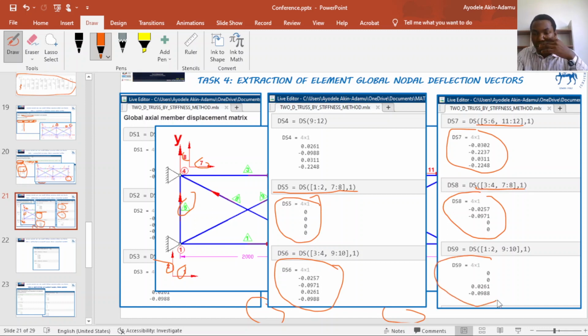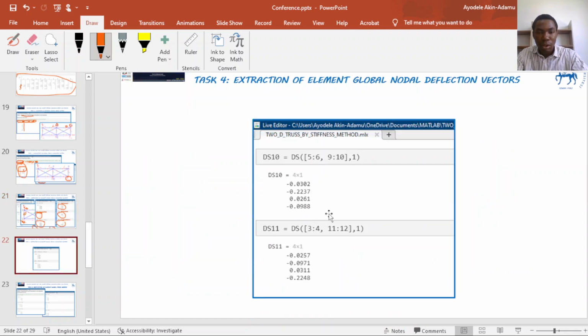Displacement vector for element 9, using the degree of freedom numbering. For element 10, this is the displacement vector, using this Matlab code. For element 11, this is the displacement vector.